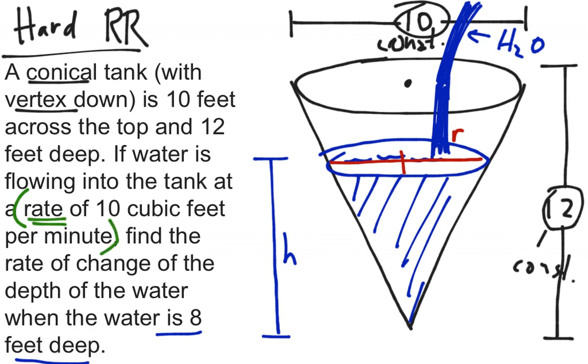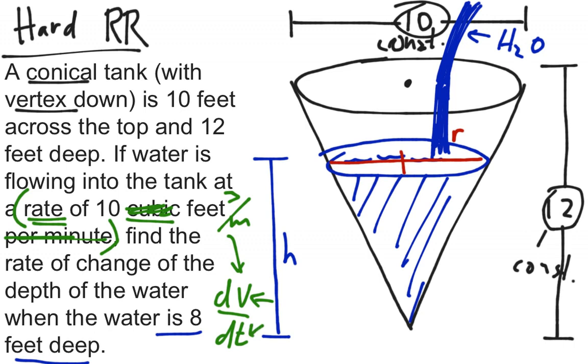That should clue us into this being a mathematical quantity. Cubic feet is the same as feet cubed, and per minute means divided by minutes. So feet cubed per minute is the same thing as volume over time, and this, my students, is going to be dV/dt, because it's the rate of change of volume, which is feet cubed, with respect to time.